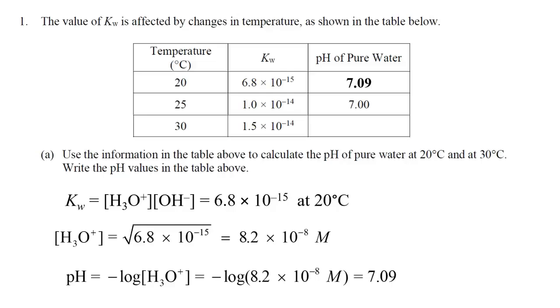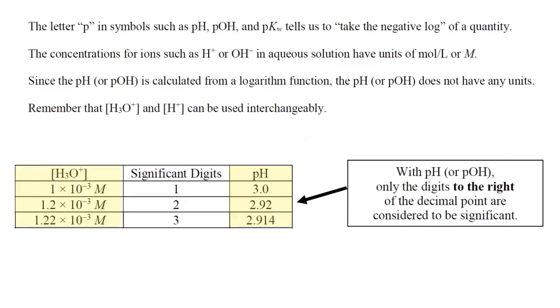Now, just a brief comment about how I rounded off my value for pH. So 8.2 times 10 to the negative 8 moles per liter, that value has two significant figures. But with respect to taking the negative log of that number, whether that's to determine the pH or the pOH, only the digits that are located to the right of the decimal point are considered to be significant when you do pH calculations.